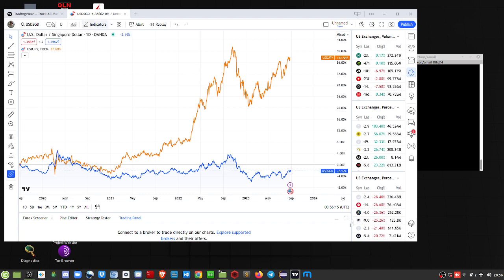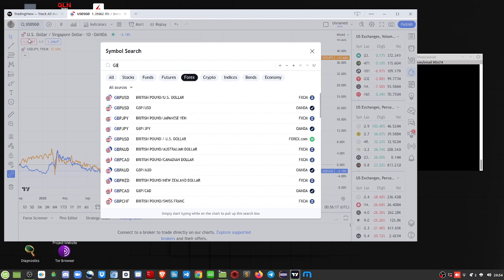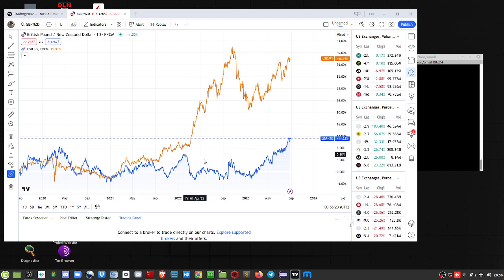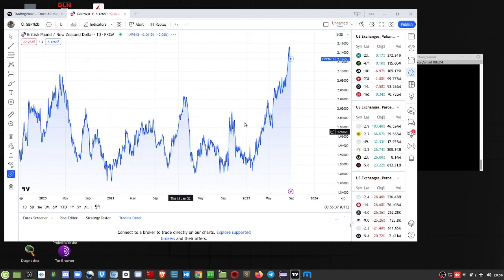Now this one is the British pound against the dollar. So let me get rid of this. This is the nice thing about TradingView, how you can compare currencies against each other or anything really.